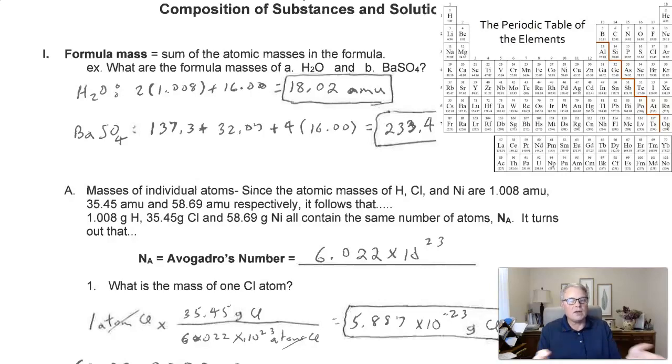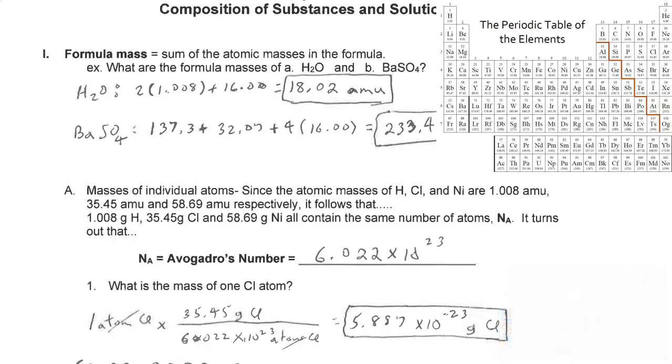Well, you have just found something called the formula mass, and that's how you figure out the weight of a molecule. So, for example, what are the formula masses of H2O? And while we're at it, can you name this compound for me? Is it barium sulfur oxide? Is it barium sulfide?